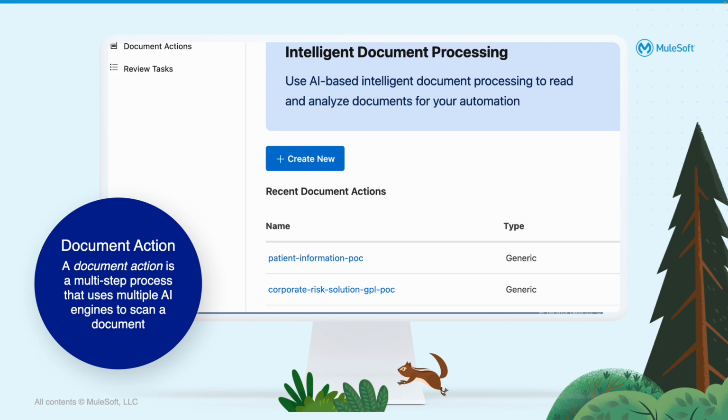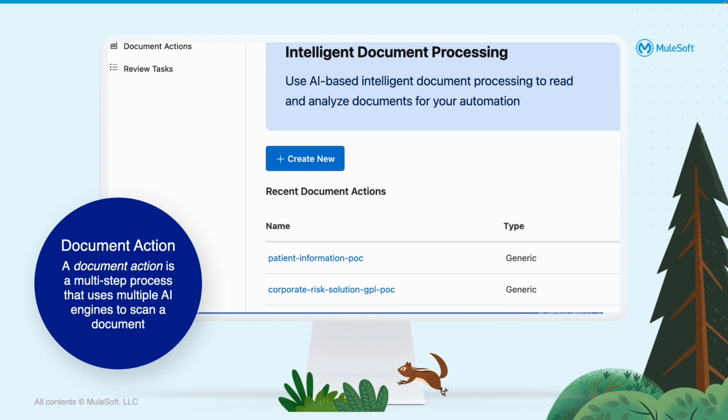This document action is basically a multi-step process which uses multiple AI engines to scan a document. You don't have to worry about what is happening behind the scenes, but it's good to know that it uses multiple AI engines, as I said, using deep learning, machine learning, and natural language processing to scan a document.